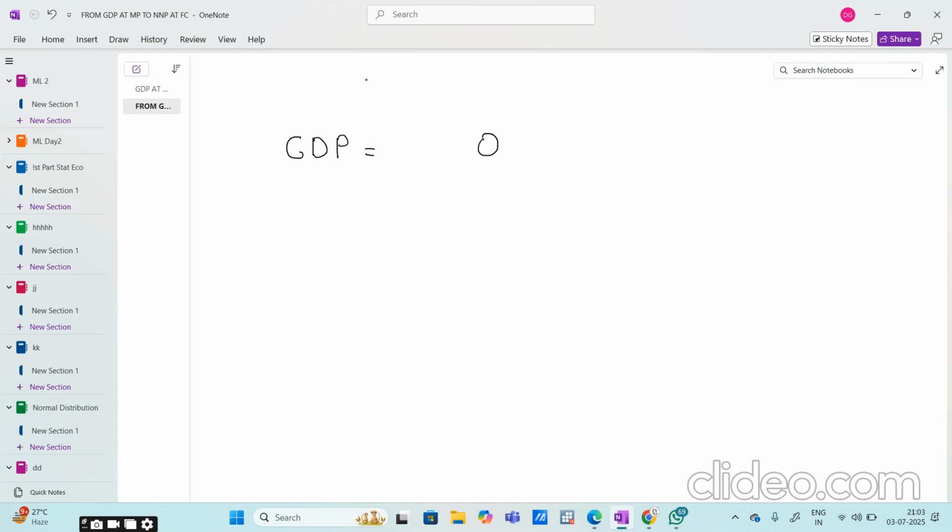how much amount of final goods. Suppose in the entire economy, for our simplicity, we don't consider a multi-commodity economy, we consider a one-commodity economy. One commodity economy means in the entire economy there is only one commodity, one final good.